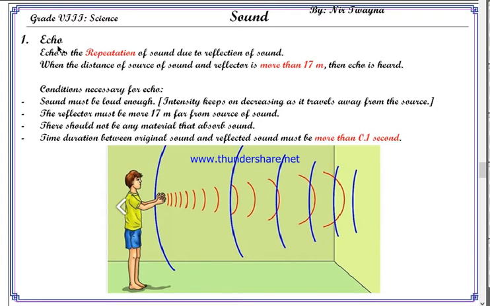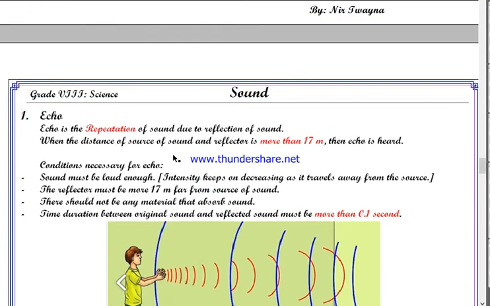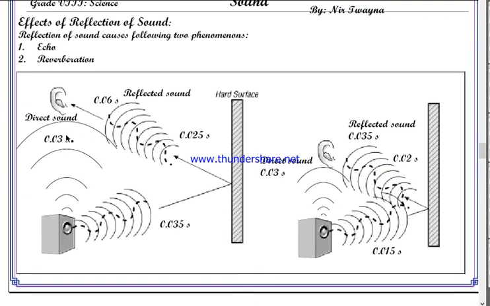So for echo to be heard, the time duration between reflected sound and original sound must be more than 0.1 second. However, in my example that is not the case. Yes, I need to remove 10 from here. Okay, I need to correct it. I'm sorry for the mistake.